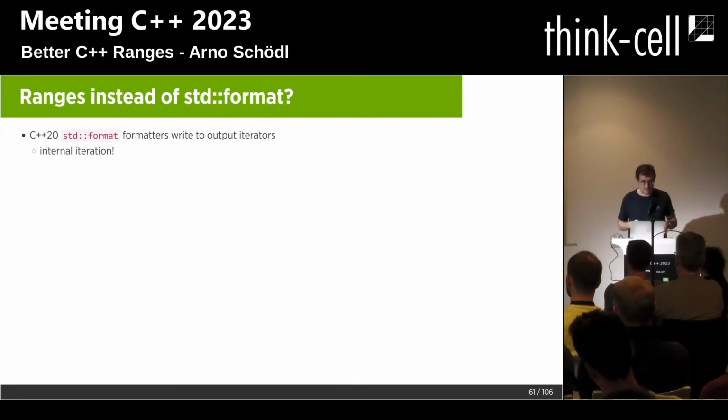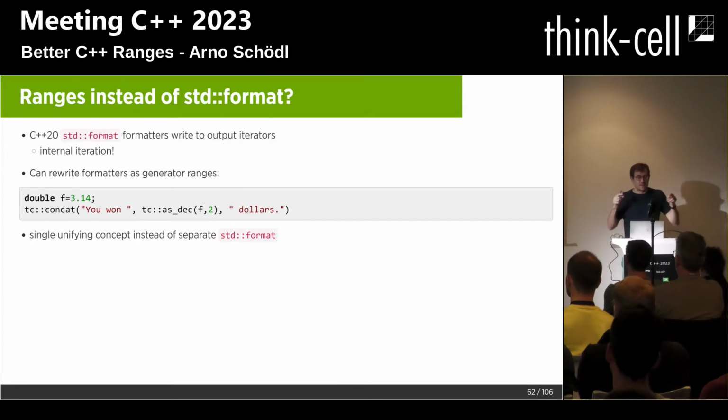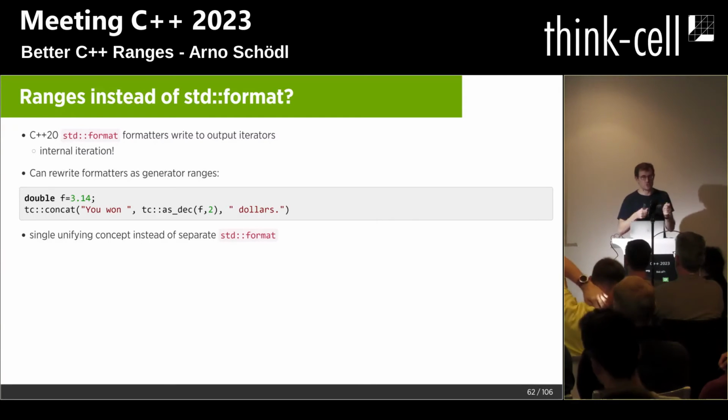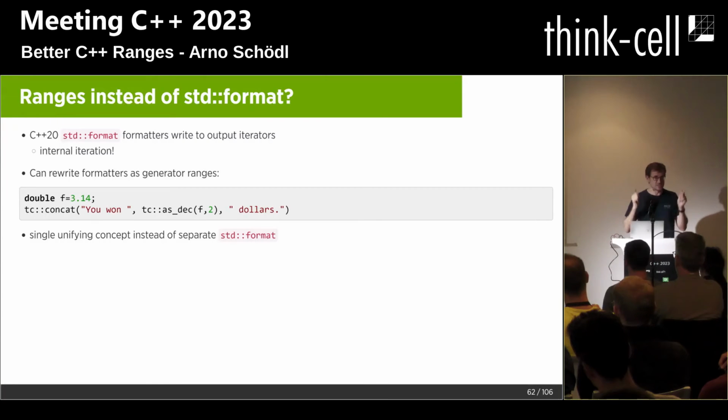So here's how they fit together. Now, std::format is actually writing to output iterators. And output iterators are, in a way, already internal iteration, because you are essentially passing the things that you are producing to this output iterator one by one. So that's internal iteration. And it's much easier.